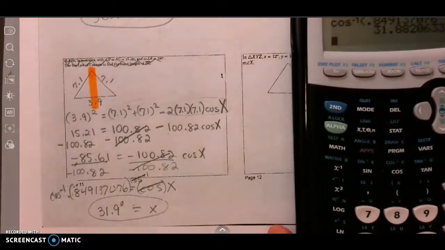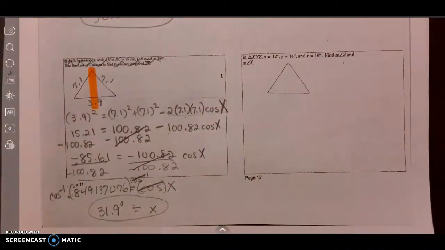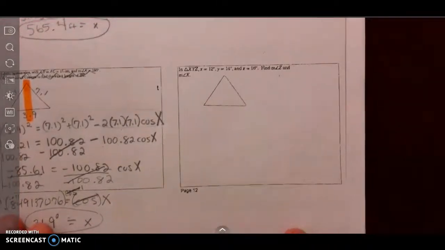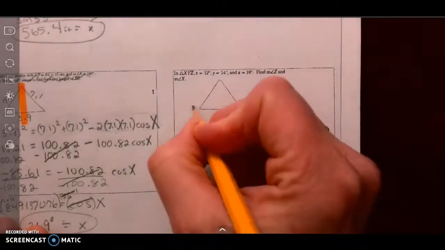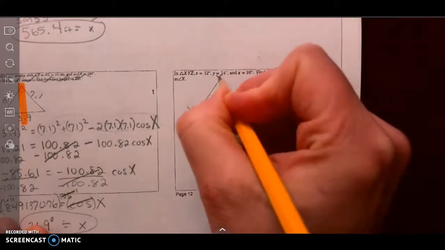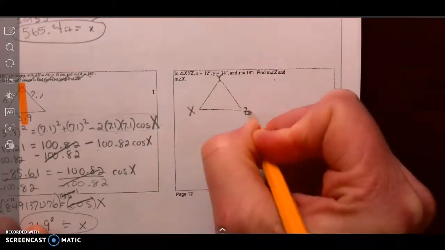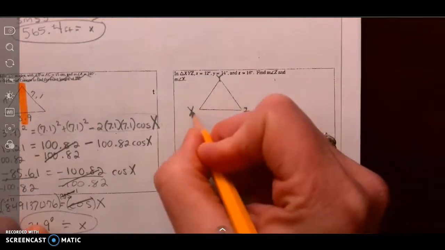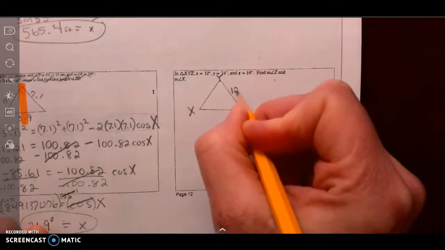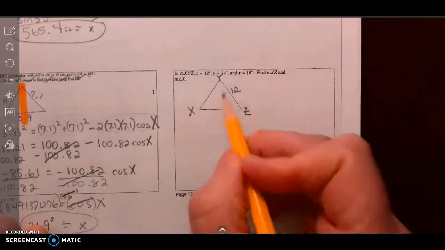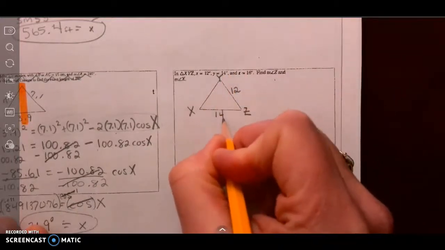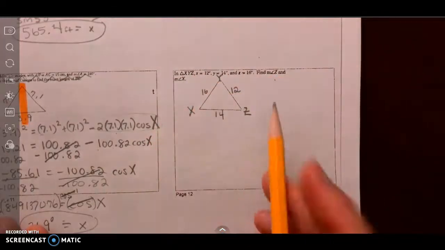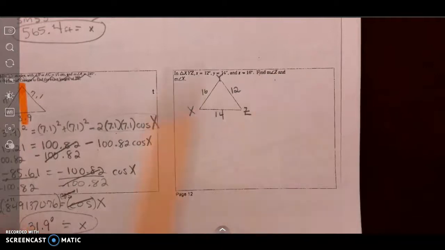Alright, let's do another one. Let's look at this next example in triangle XYZ, and I can label it any way I want. X, Y, and Z. Little x is 12, so that has to be across from angle x, so this would be 12. Little y is 14, and little z is 16. So I'm asked to first find the measure of angle z.